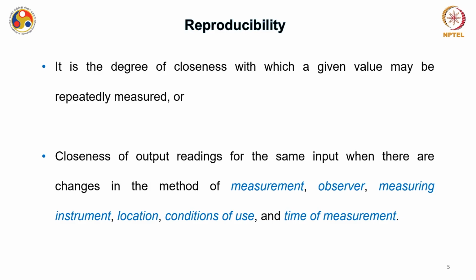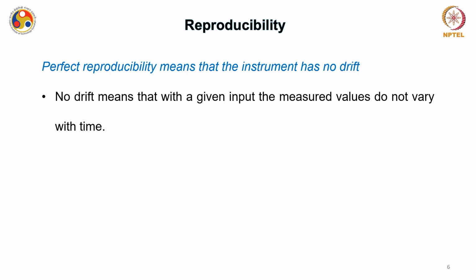So, even if one of the parameters has changed, the degree of closeness with which a given value is repeatedly measured is reproducibility.